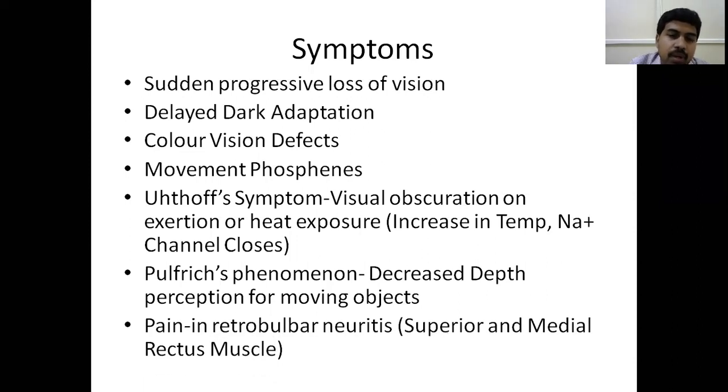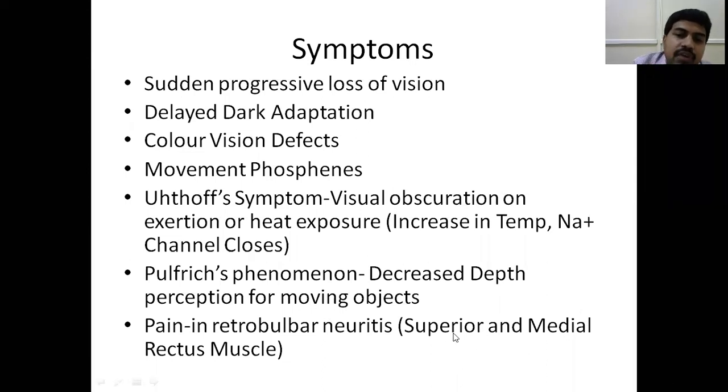And then pain in retrobulbar neuritis. In the initial classes, I told you that a few fibers of the superior rectus and medial rectus muscles are attached to the meningeal sheaths of the optic nerve. So there is pain in retrobulbar neuritis on movement of the eye. Whenever the patient tries to move his eye up or towards the nasal side, there is contraction of the superior and medial rectus muscles.